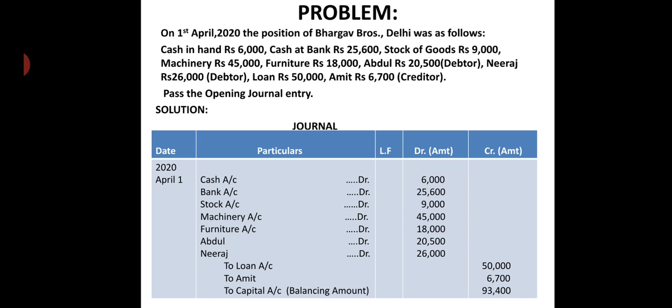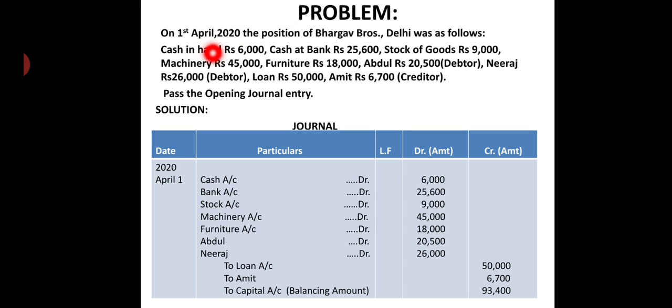Here is one more problem. On 1st April 2020, the position of Bhargav Brothers, Delhi was as follows. You know that position is shown through the balance sheet of the company.